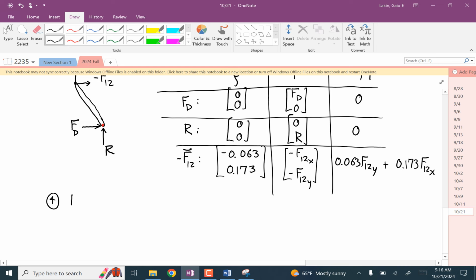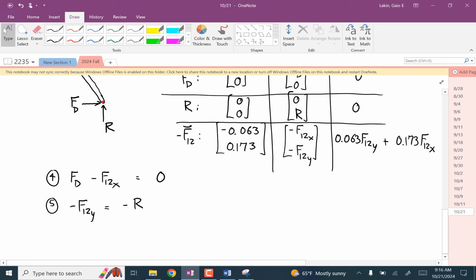Equation 4 says FD minus negative F12x is equal to 0. Equation 5 says negative F12y is equal to negative R. And equation 6 says 0.173 F12x plus 0.063 F12y is equal to 0.